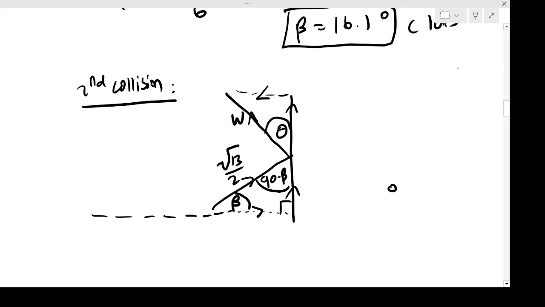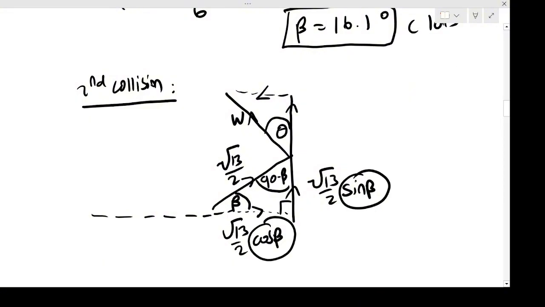So can't we just go back to SOHCAHTOA and say that alternatively, if I consider the angle beta here, our components are root 13 over 2 cos beta, and then root 13 over 2 sine beta. Because now beta's here, so this part will be cos and this part will be sine.